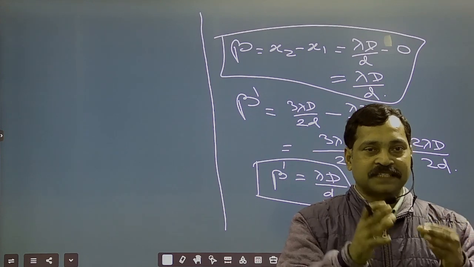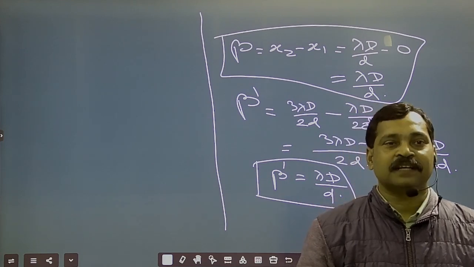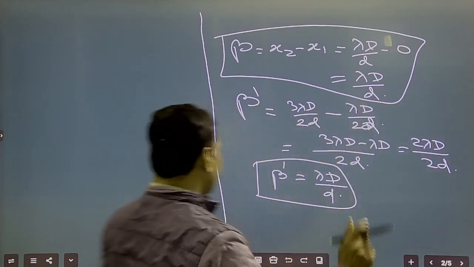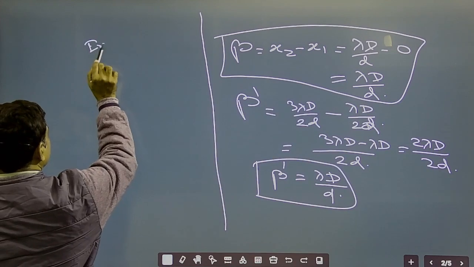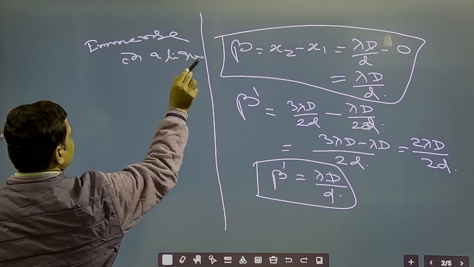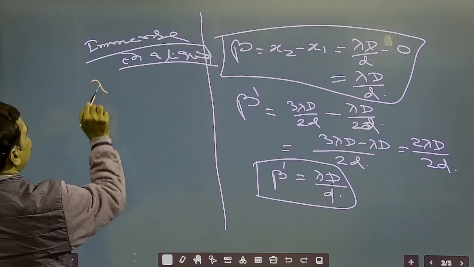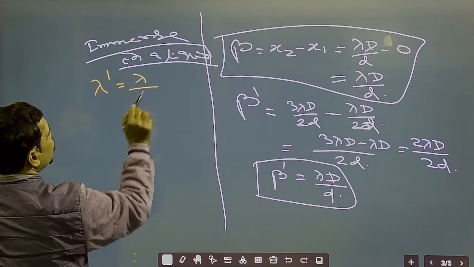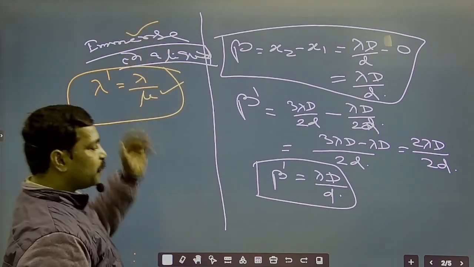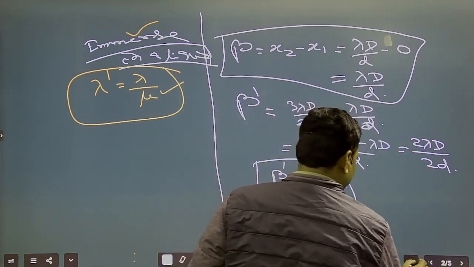So when the apparatus is immersed in a liquid of some refractive index, then the wavelength will be modified, and the other parameters will remain the same. The change is that lambda becomes lambda upon mu, where mu is the refractive index of the medium. So this is a very important concept. Sometimes it is asked in questions, so we'll go for a question now.